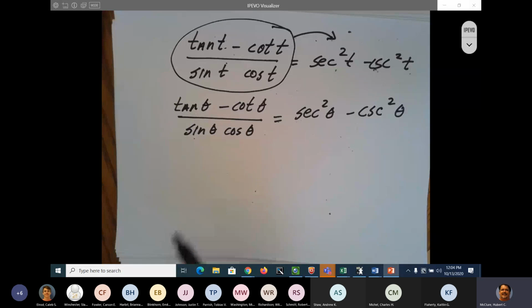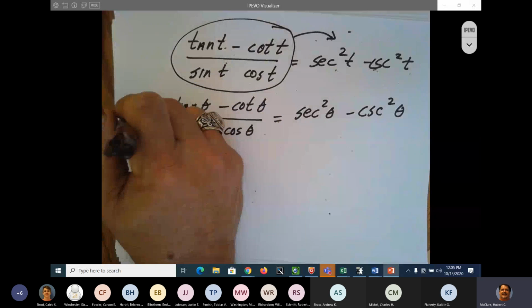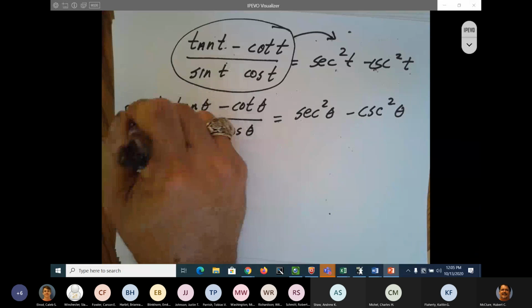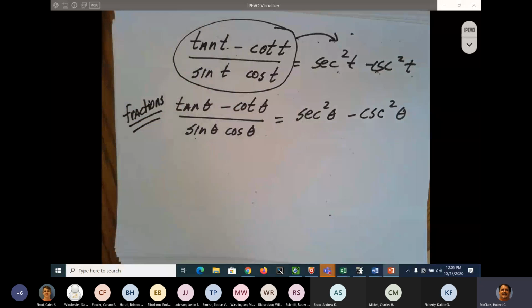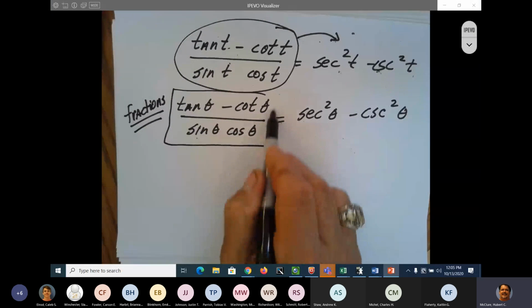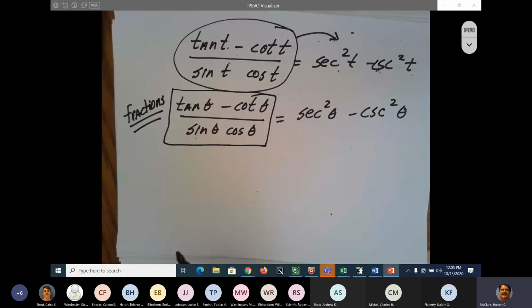Remember, most of your rules here are going to apply to fraction rules. Then once you do something with this side, you can revert back to your identities. First, you got to use your fractional rules.